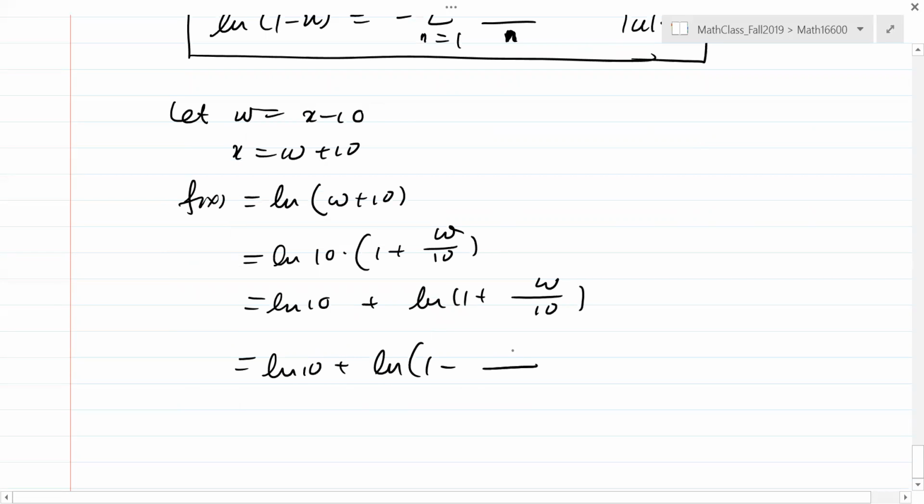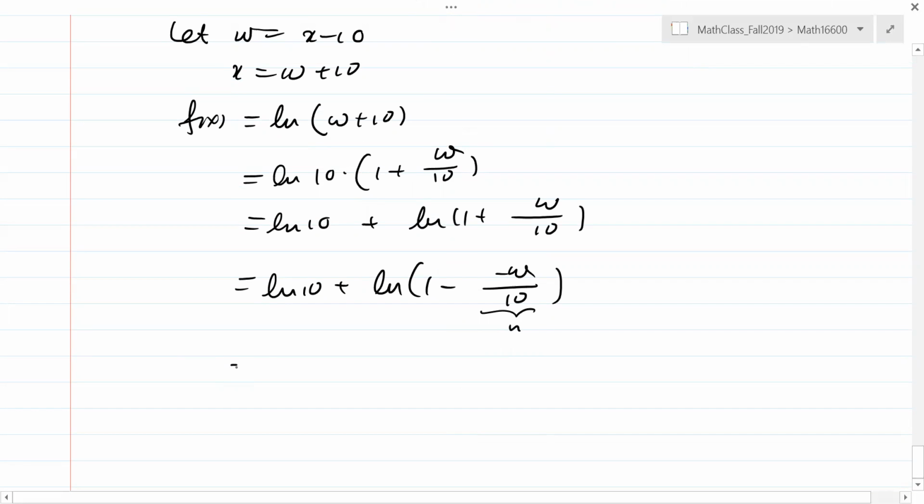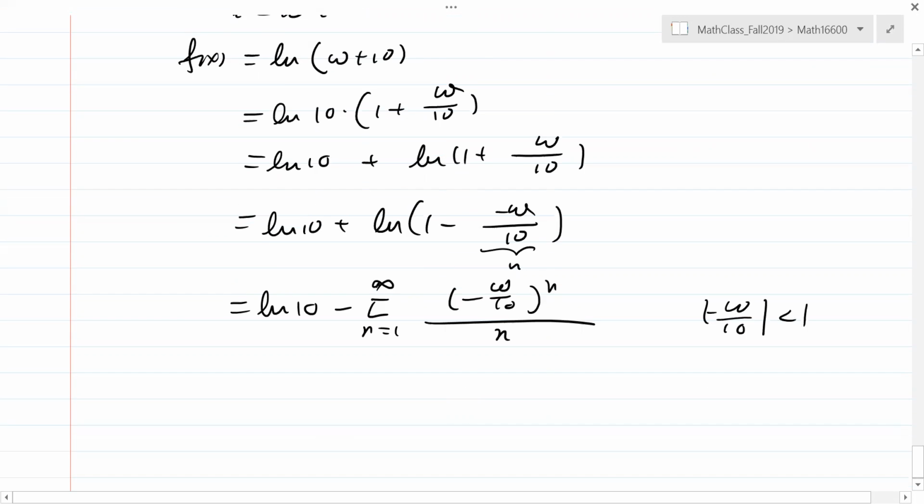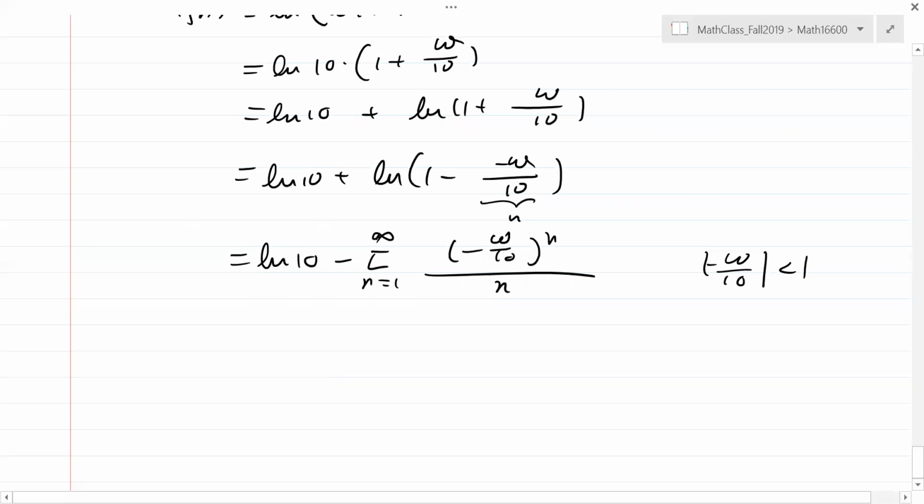1 minus negative w over 10, right? And this is my u. And then you apply the above formula. And here, negative w over 10 to the power n. And here, you have this in code. Okay, w is x minus 10, remember.